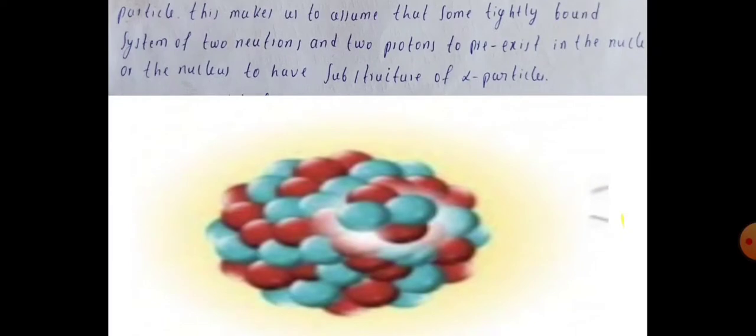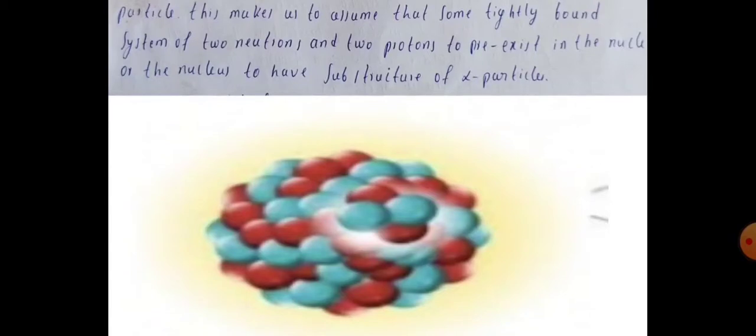Here you can see the parent nucleus, and we assume that the two protons and two neutrons combine to form an alpha particle, which freely exists in the parent nucleus. This is the second point: the alpha particle, which contains two protons and two neutrons, freely exists in the parent nucleus.